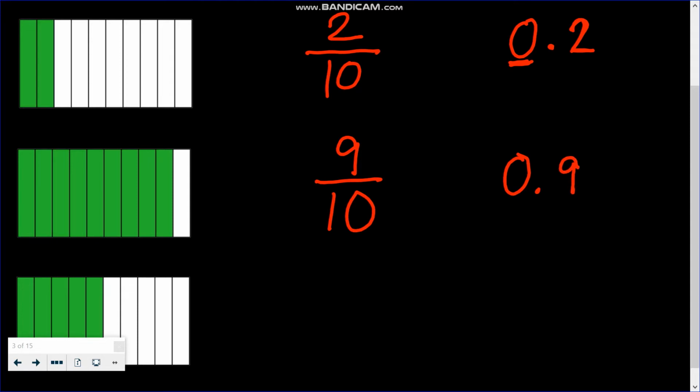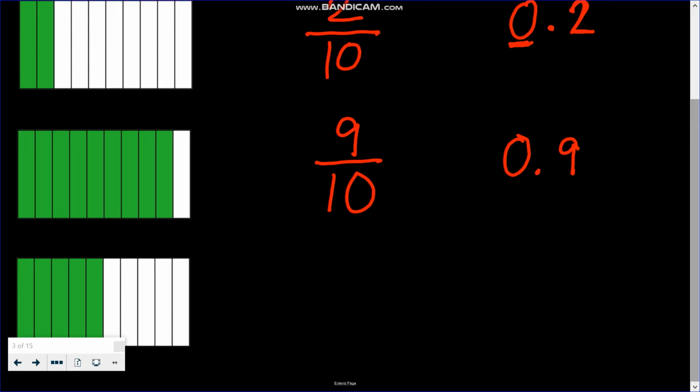Next, how many parts of the rectangle are shaded? So we have 5 parts shaded out of 10. So we write that in fraction as 5/10, and in decimal, we write it as 0.5.